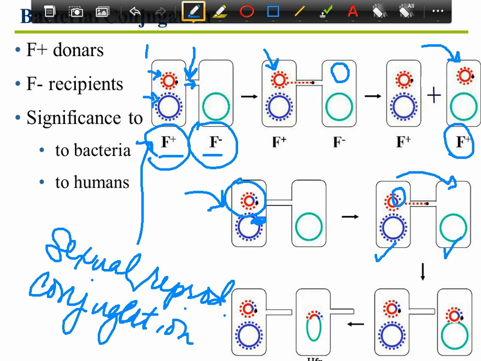Whereas up here on the top row, only genes from the plasmid ended up in the recipient. And then at the bottom, there's a different variation where the whole plasmid inserts into the host cell chromosome. Okay, why important? Again, this can be used in a laboratory for manipulation of bacteria. It also happens in nature.